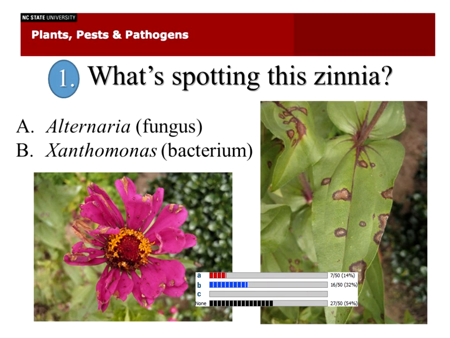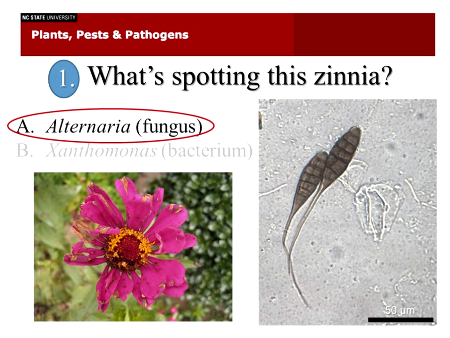If that was because you were unsure, that's fine. If you couldn't find the polling, then let us know afterwards so we can help you find the features of the Illuminate interface. Well, it turns out that I thought it was Xanthomonas as well, a bacterium, but the actual answer here was it turned out to be Alternaria.